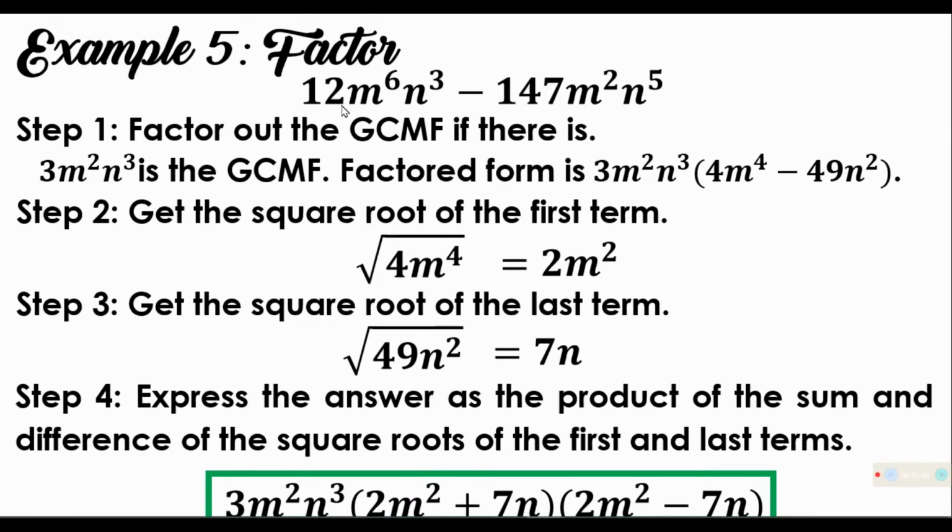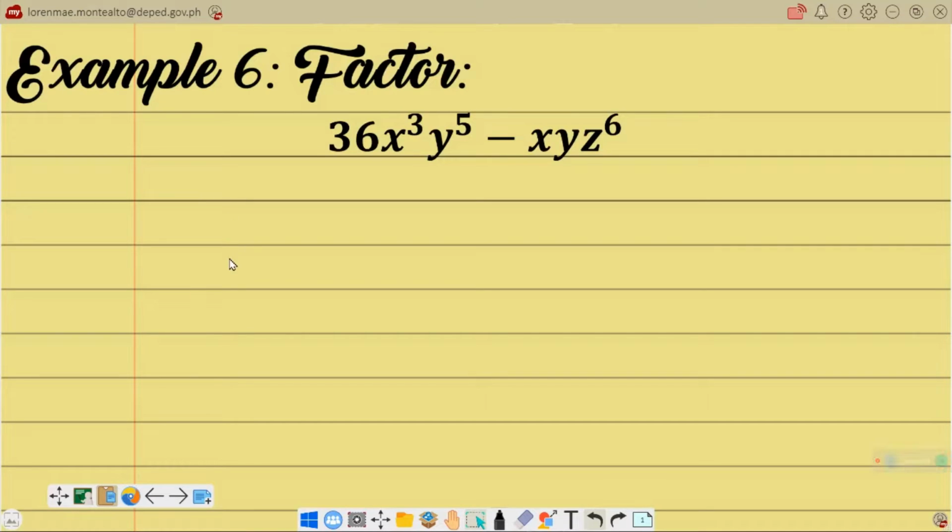The factored form of 12m to the 6th power n cubed minus 147m squared n to the 5th is no other than 3m squared n cubed multiplied to the quantity of 2m squared plus 7n multiplied to the quantity of 2m squared minus 7n. Okay, so let's now proceed with our example number 6.